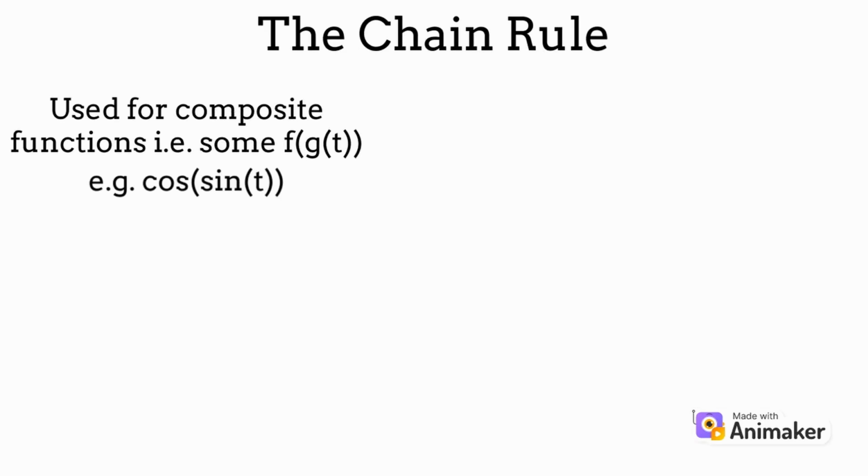It might seem weird to look at, and you might wonder when would you ever see cosine of sine of t? But I'll show you how that can be more useful later on.